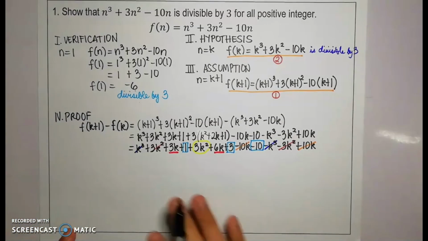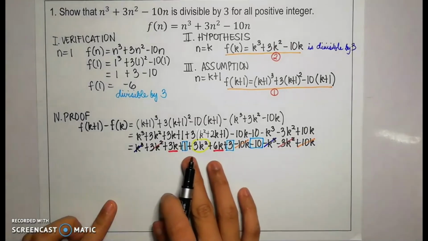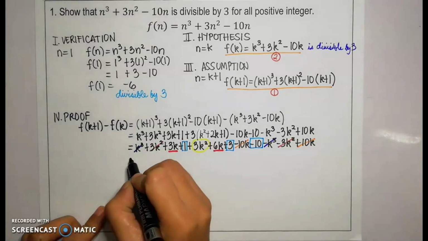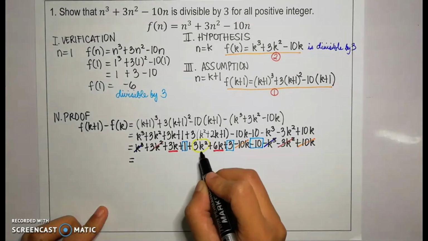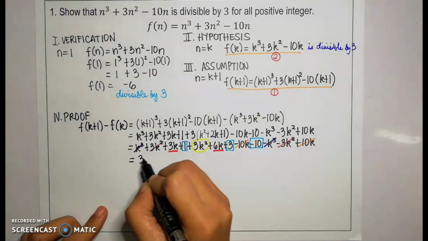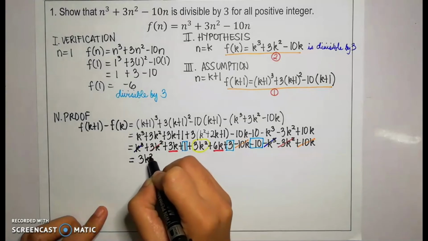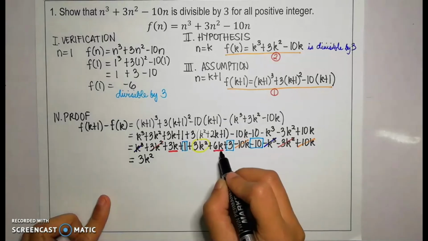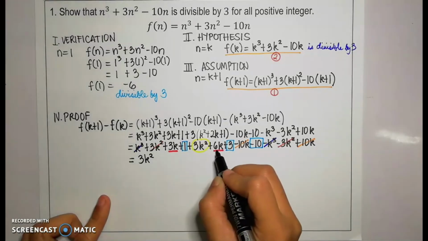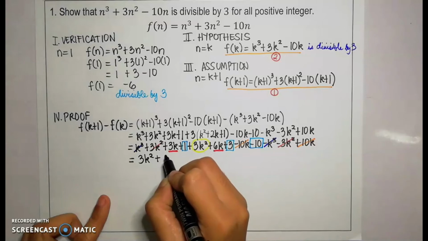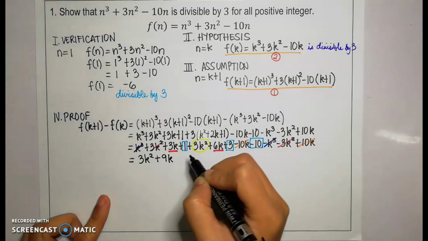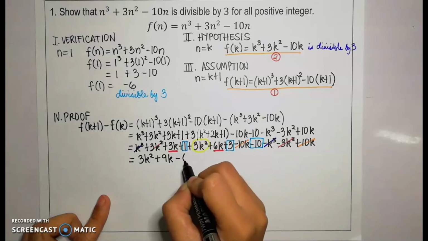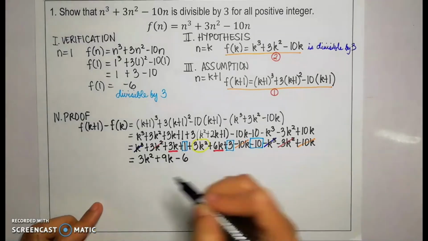In here, I have already cancelled out terms which equal 0, and I'm left with these terms we need to add. We only have one 3k squared, so I'm going to write it here. Then we add like terms, 3k plus 6k, so the sum is 9k. And then we have the constants. We're left with negative 6.